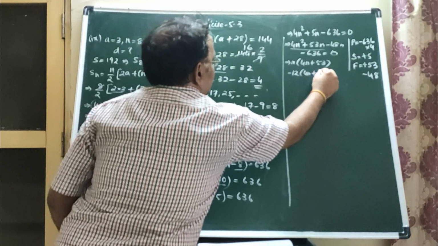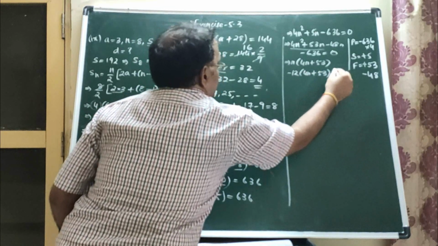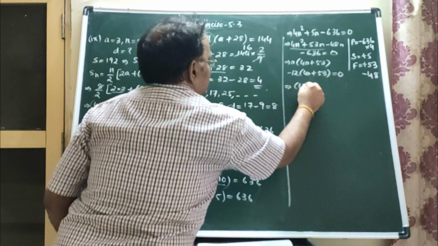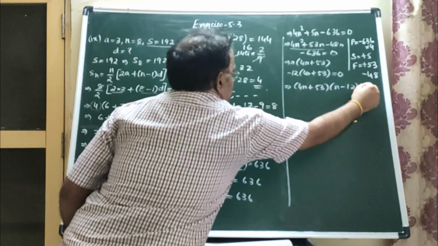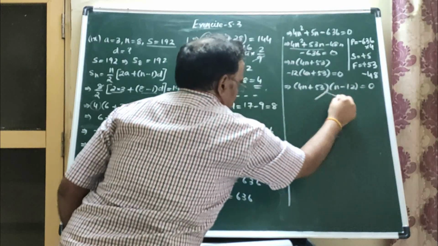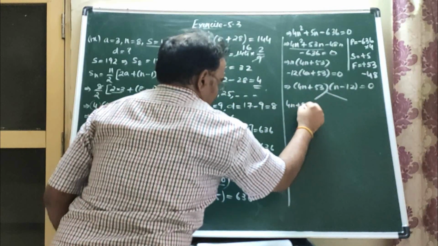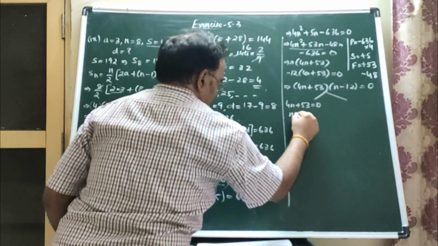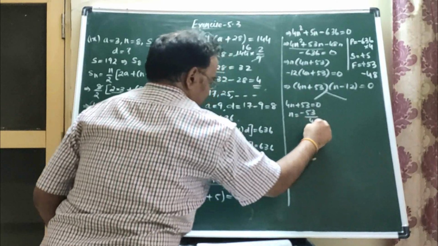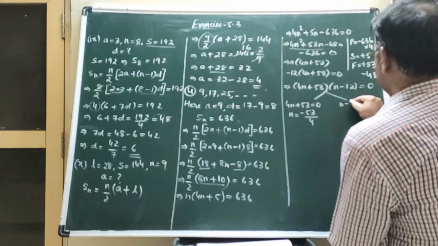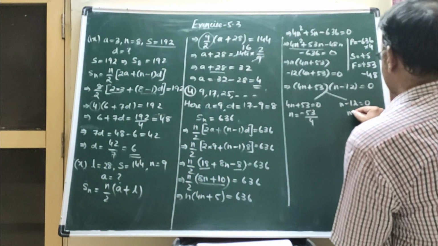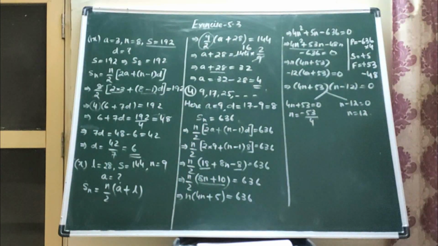So 4n plus 53 is equals to 0. So we got 2 factors, 4n plus 53 and n minus 12 is equals to 0. Right? So from the first factor we get n is equals to minus 53 by 4, and from the second factor we'll get n is equals to 12.